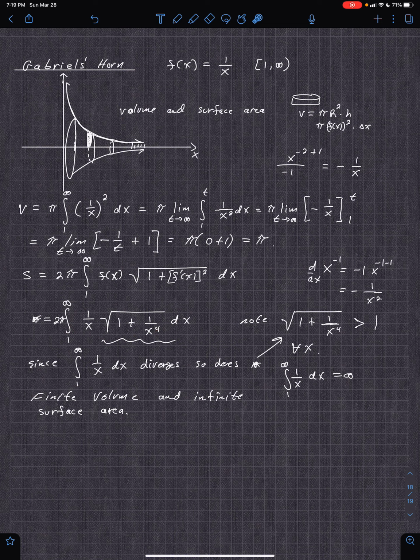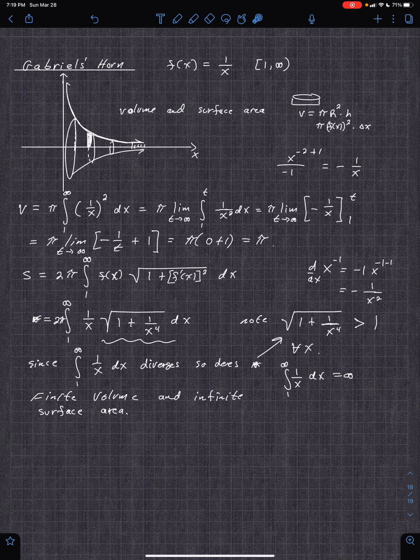Now this is greater than 1. This is basically an argument: since this diverges and this is greater than 1, this has to diverge. I'll say that again, a little more slowly.